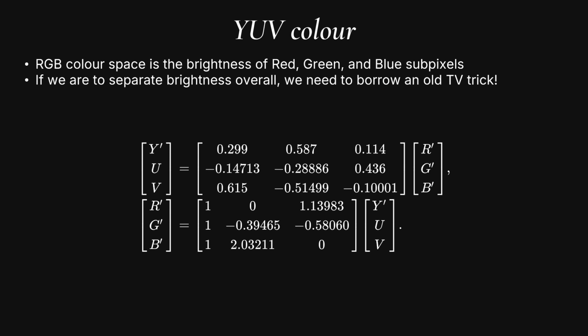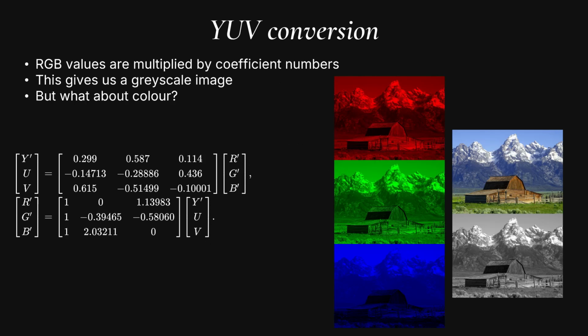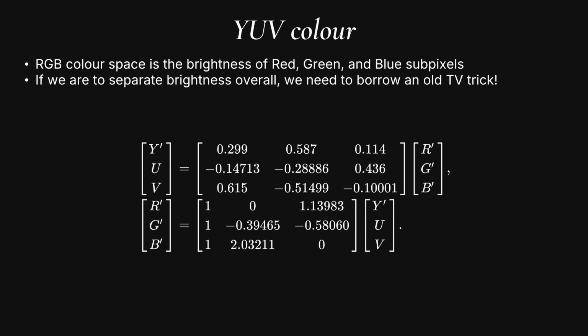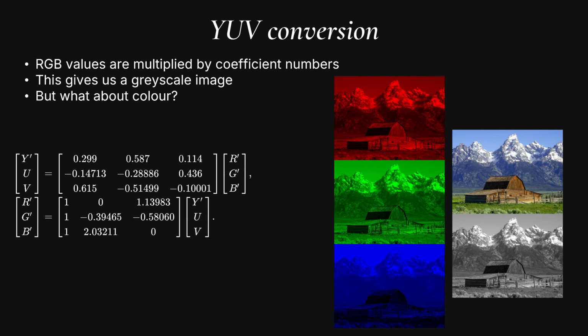I was trying to find the bit where I wrote about the TV trick. So this is an old TV trick. If you think about what happened in TV world, TV was invented, and it was just brightness. Now, what are we going to do in order to add color?